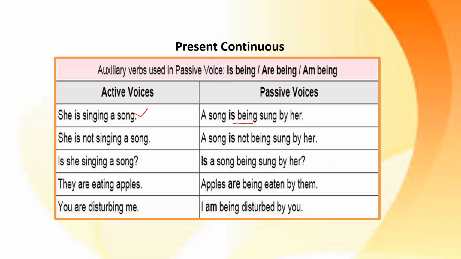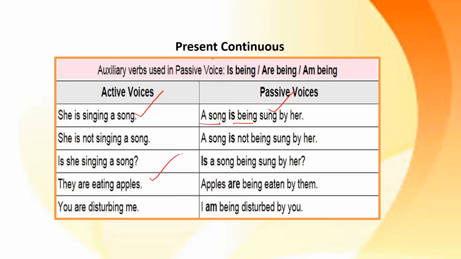Now see the examples. She is singing a song. It is in active voice. Now in passive voice, a song is being sung by her. Sung is the past participle form of the verb sing. So is being is the helping verb. Now see another example. They are eating apples.